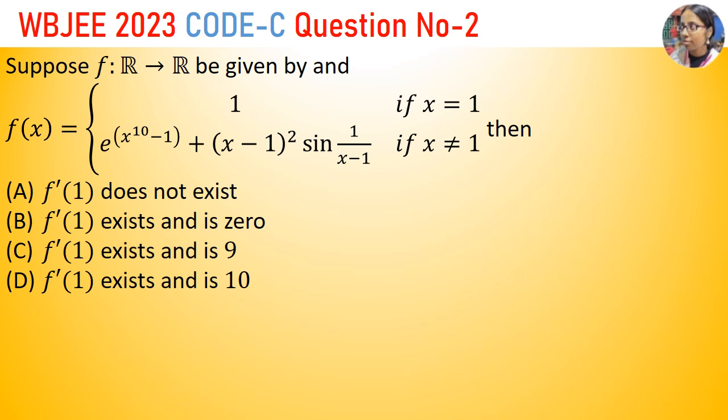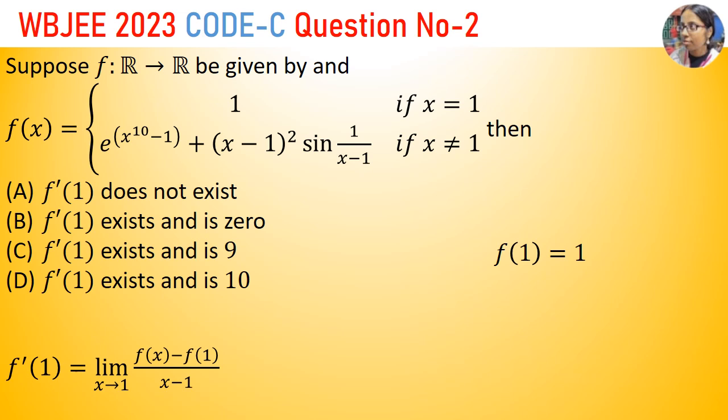Now we use the definition of derivative of a function at a point. What is f dash 1? By definition, f(1) equal to 1 and f dash 1 is equal to limit x tends to 1 of f(x) minus f(1) by x minus 1.